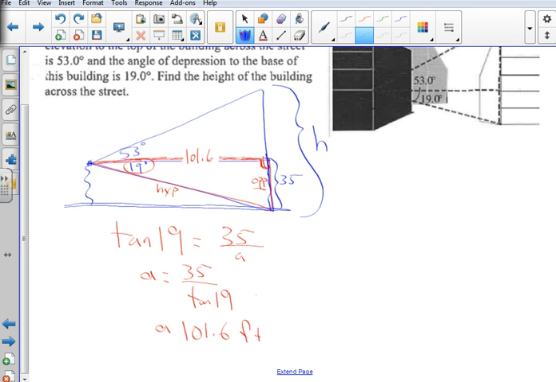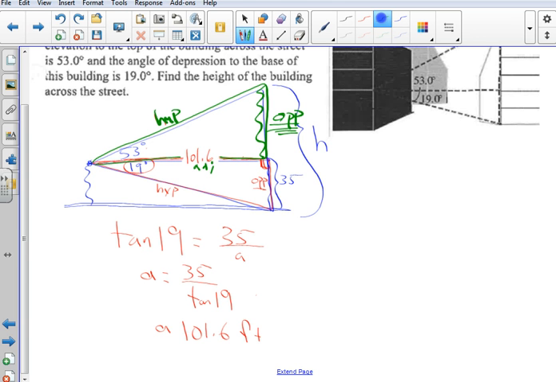Now, for the upper triangle, we'll put it in green. This triangle. The hypotenuse is here, this is the opposite, and this is the adjacent. So I have the adjacent, and I'm looking for the opposite, because once I know this, I can just add it to the 35, and I'm in business.